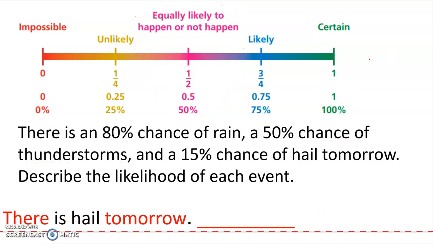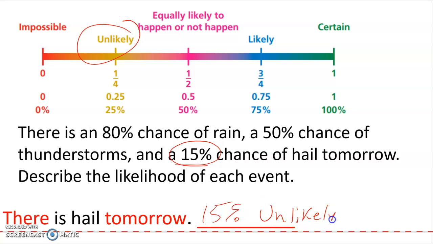All right, and then what about there is a hailstorm? So the hailstorm is the 15%. So 15% is less than 50 but greater than 0, so that's going to be the unlikely. So you just have to look for those on there.